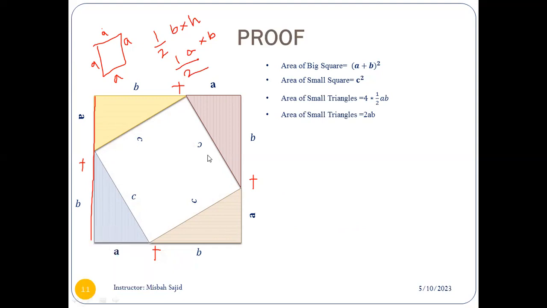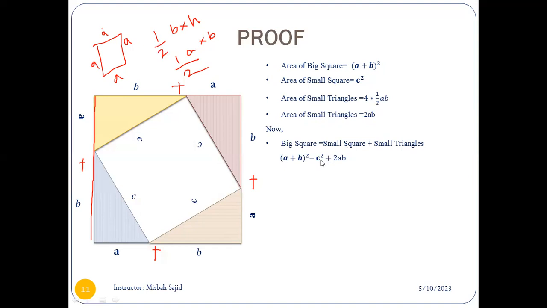Now next, if you see this large square, the area of the large square is equal to the area of the small square plus the area of all four right angle triangles. So it would be A plus B whole square is equal to C square plus 2AB.